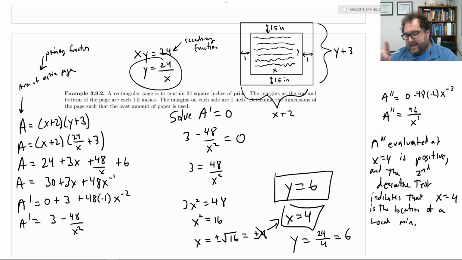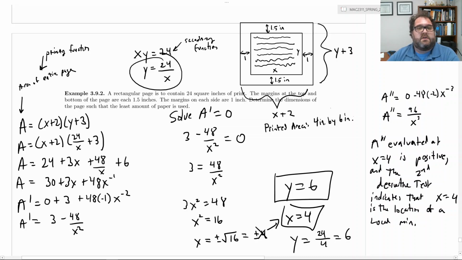So I almost got in trouble here like you would sometimes, where we have a quasi solution, but it's not answering the question. We want to know the dimensions of the page. So what are the dimensions of the page? Let's be specific here. The printed area is 4 inches by 6 inches.